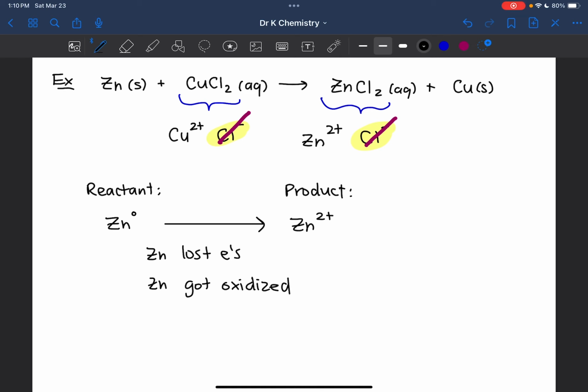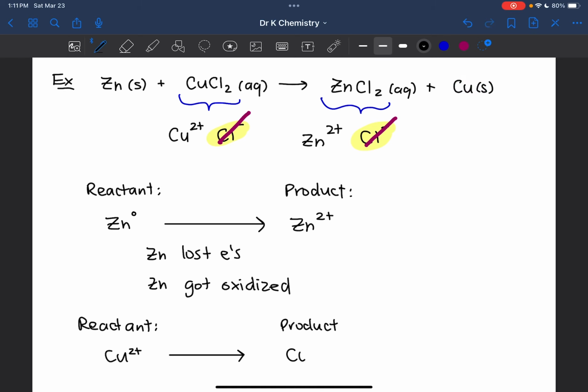Well, by order of elimination, we know that copper must have been reduced then, but we can take a look at that individually. On the reactant side, we are starting off with copper with a +2 charge. And on the product side, we are ending up with elemental copper.